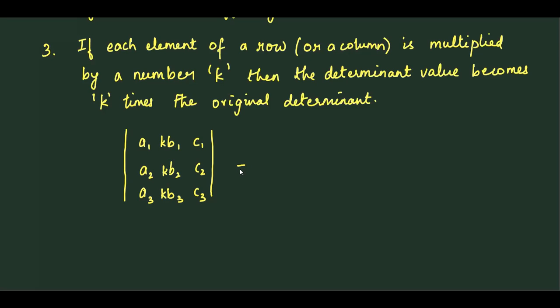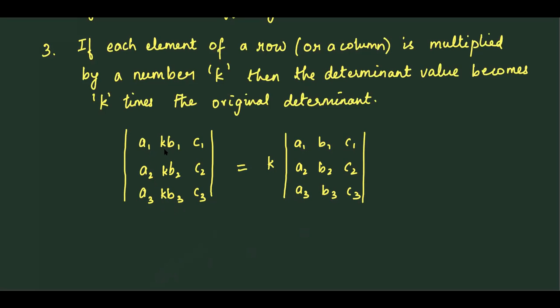You can choose any row, any column; I'm just choosing this one. This is same as k times the determinant A1, B1, C1, A2, B2, C2, A3, B3, C3. Why? Because you expand about the second column.